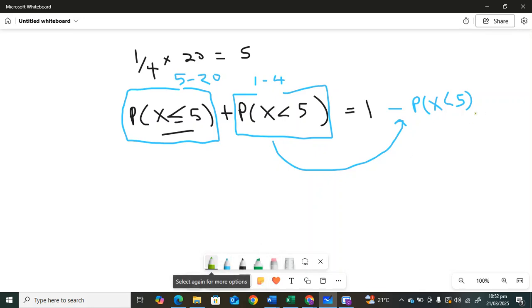Okay. So here, with the shortcut method, we find the probability that less than 5 students prefer working in the banking industry.